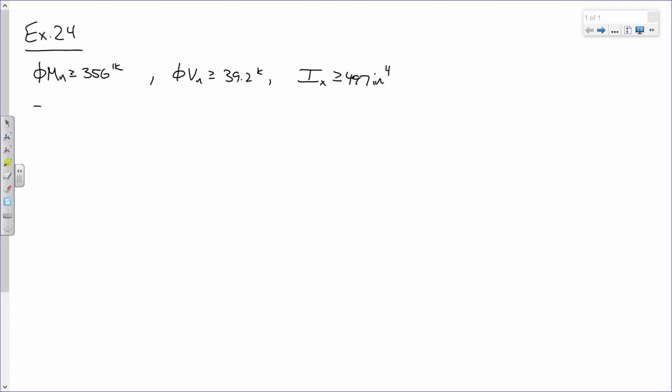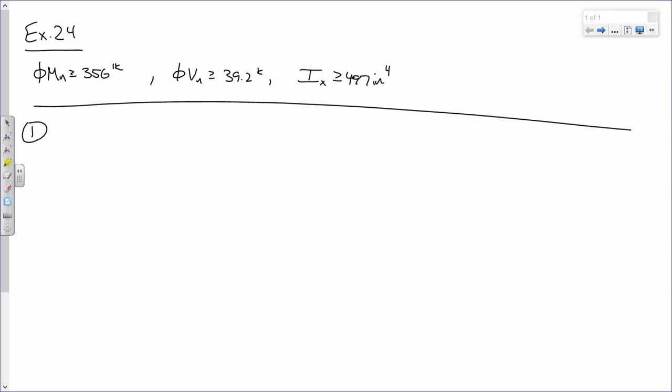Okay, so let's look at case 1. In case 1, we were saying that Lb is 20 feet and Cb is 1. Did we select a section? Yeah. What section did we get? W16x67.